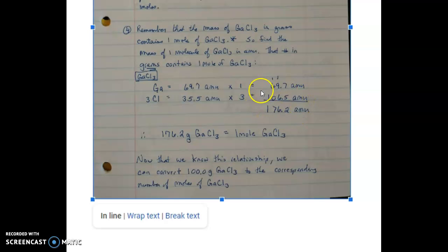So we only find this AMU number because it is the number of grams that contains 1 mole of GaCl3. And now we have a conversion factor, a relationship between the mass of GaCl3 and 1 mole of GaCl3.